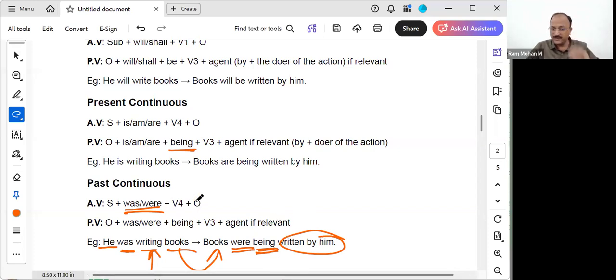Understood? That means object will come as the subject, was or were will come appropriate to this object. Being will get added, helping in the passive voice, always verb will be in the third form only, past participle form only, plus agent, whoever is doing the action, that will be written. Okay, this is past continuous.